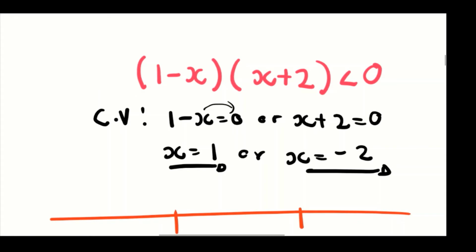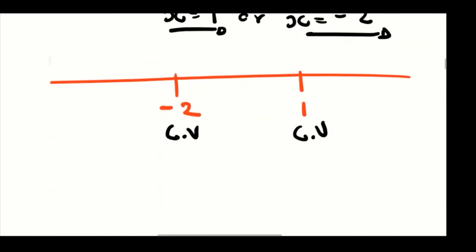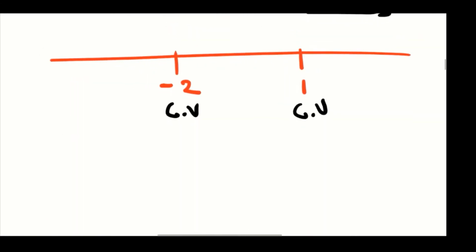The solution we are mostly interested in is a negative solution of y, because we are given an inequality that says find the values of x such that the values of y are less than 0. So we are mostly interested in y values being negative.